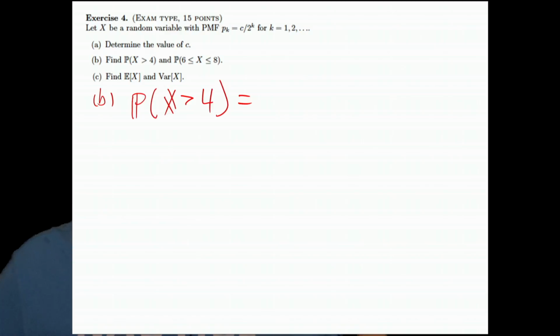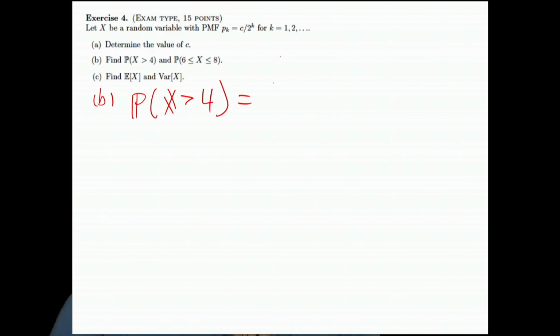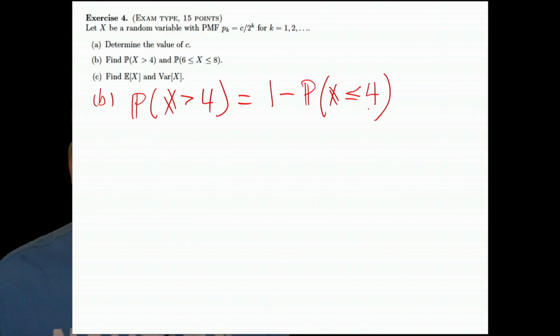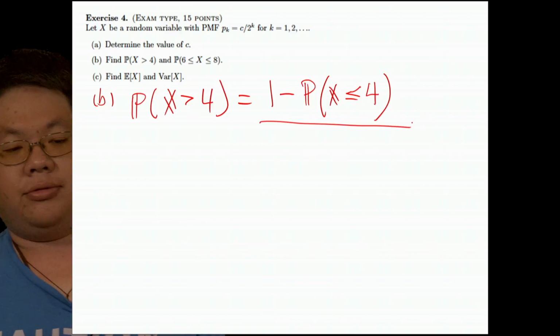And we can think of it another way around: I can have 1 minus the probability of X is less than or equal to 4. Then this one is easier to calculate.